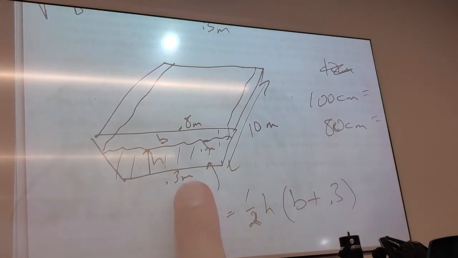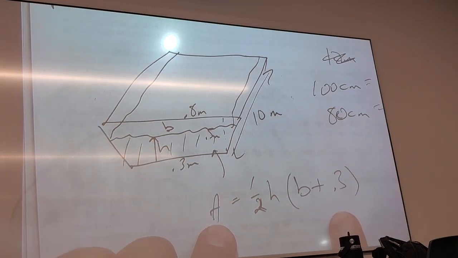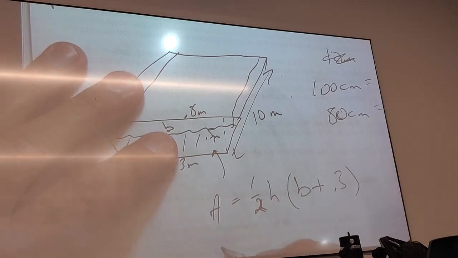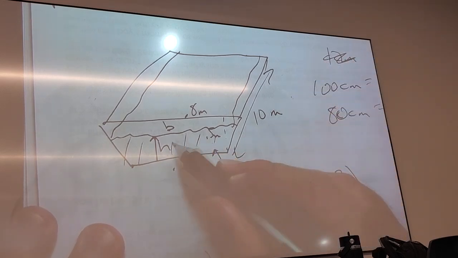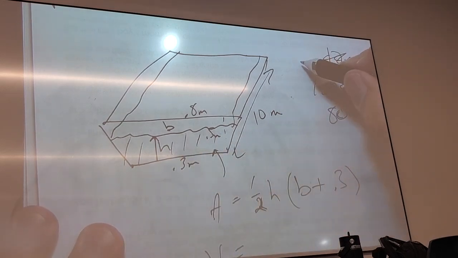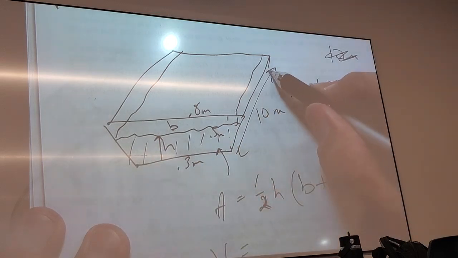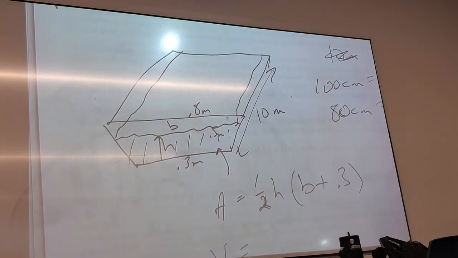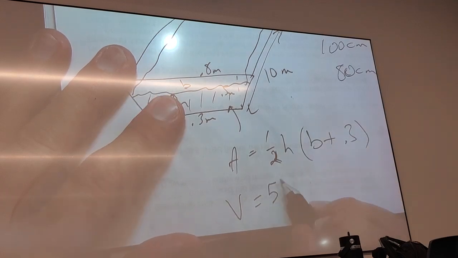The bottom is 0.3, the top is B. That's the area of the face of the water. So what's the volume of water? What's the one dimension I have to add in? Length. Good. So I just multiply that by 10. It's that same shape repeated like 10 times, across 10 meters. So if I multiply this by 10, is everybody cool with that?